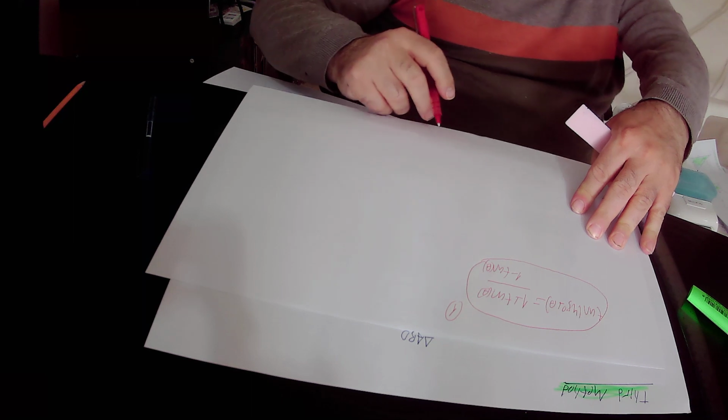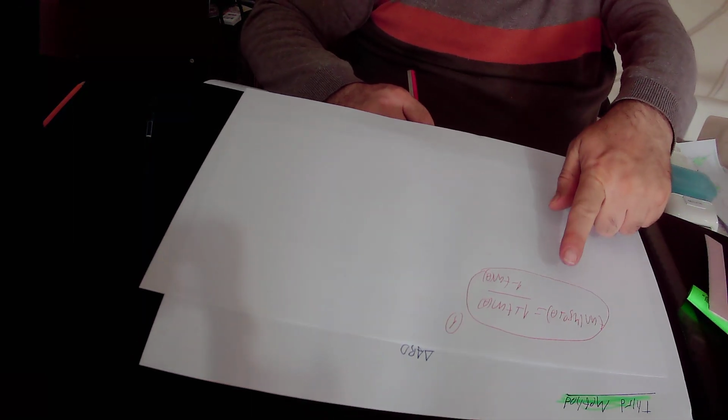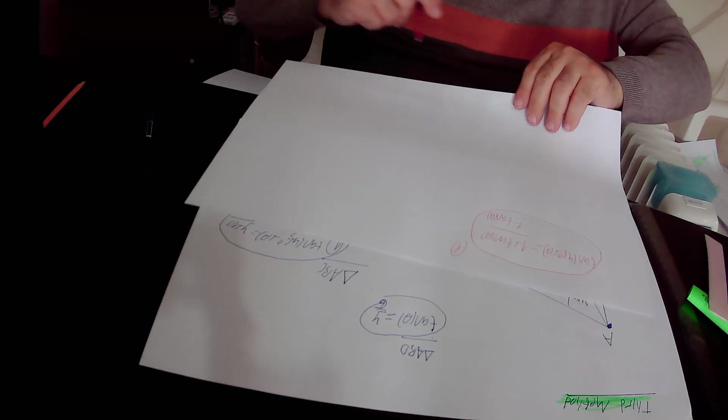We use this trigonometric identity and we will substitute tangent 45 degrees plus theta by this expression in equation number 1.